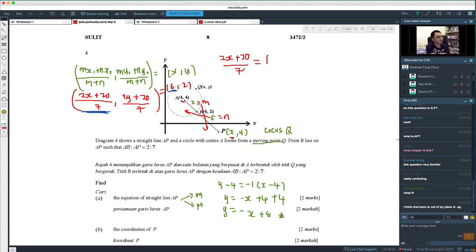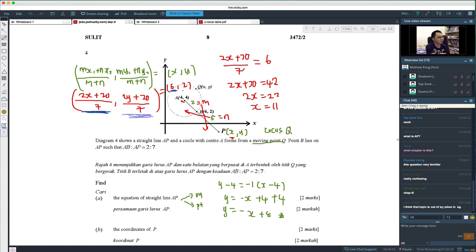X will equal x, y will equal y. Y we do later. So therefore 2x plus 20 equals 42. So 2x will equal 22. X will equal 11. Then I do the same thing for y, because the y value will equal the y value here, which is 2.